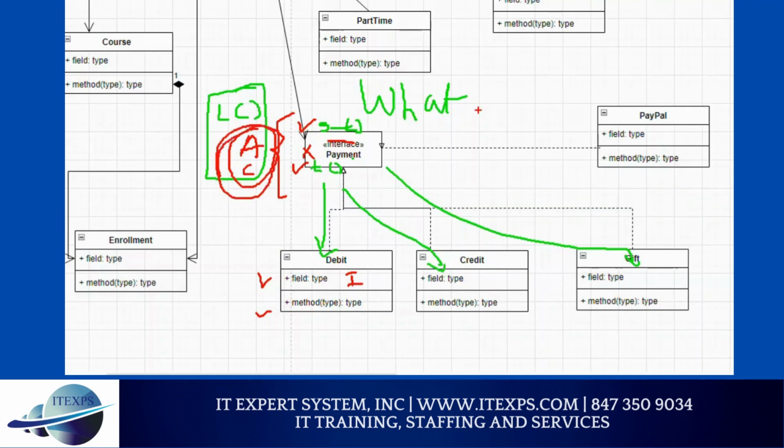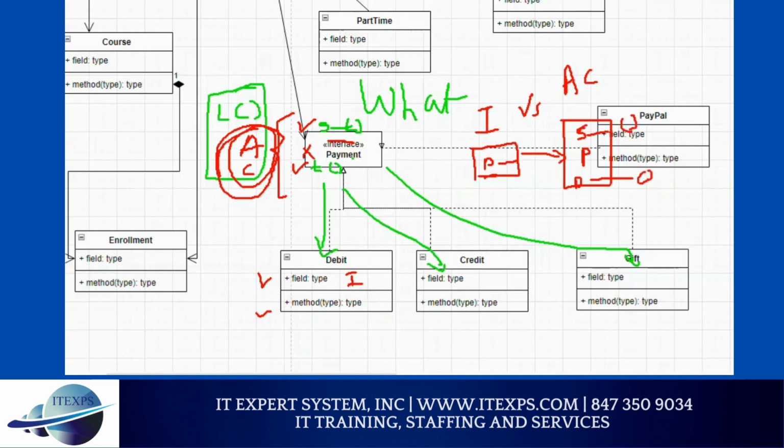So there will be an interview question: what's the difference between interface versus abstract class? An interface only has what? I need payment, I need a tax, but there is no logic. An abstract class uses a similar concept as an interface. I need a payment, but it also says this is for this school and this place. So some logic is there, some method is there, and then there is one thing called what?